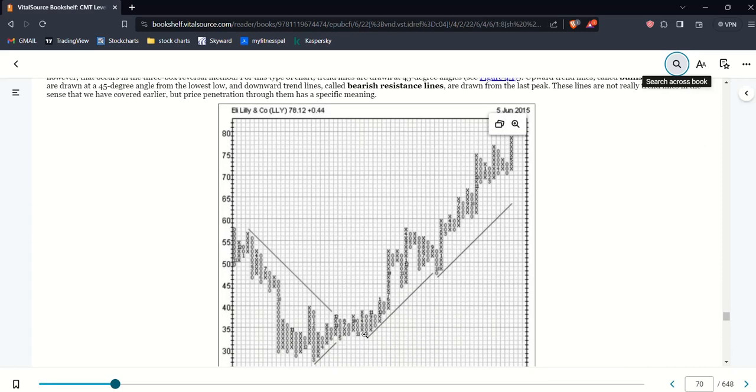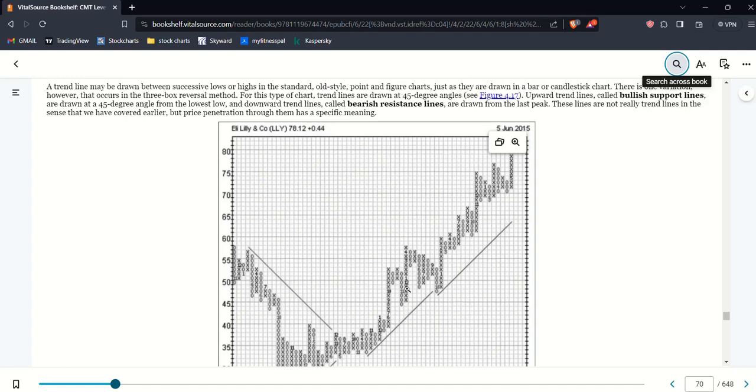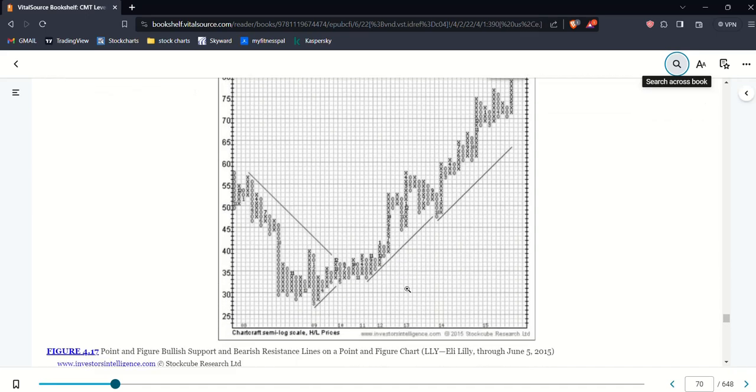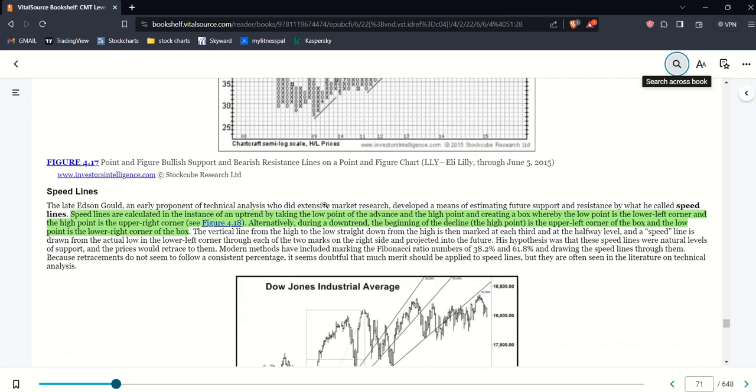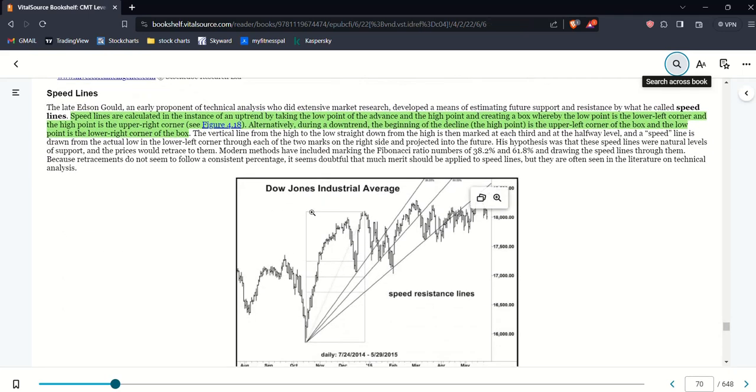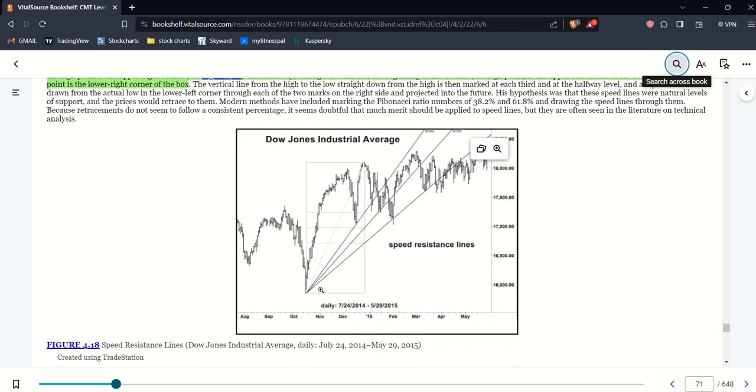But when we draw a 45-degree trend line touching the support points, then it is a trend line on a point and figure chart. Similarly, the resistance line as well, 45-degree lines. Speed lines. In this example, there is a trough.